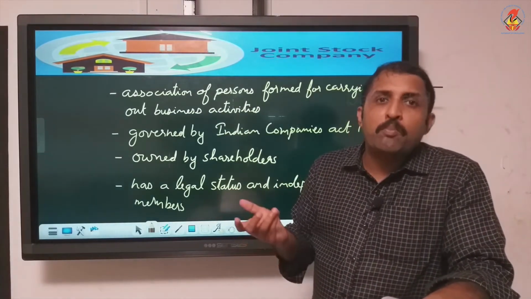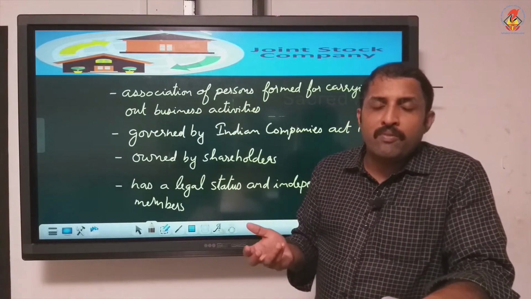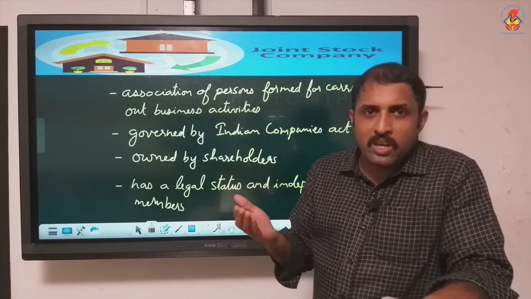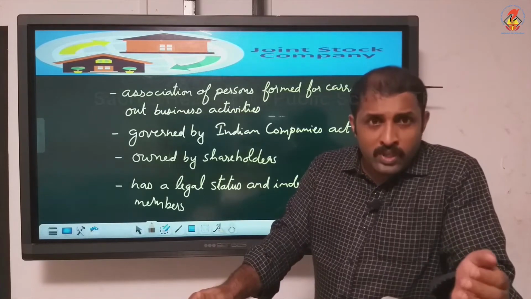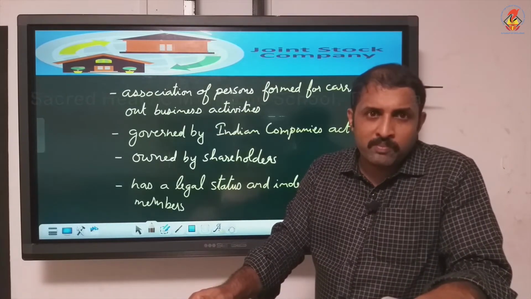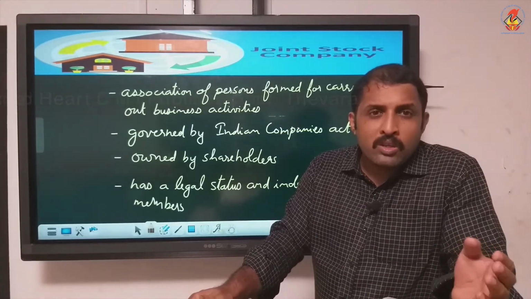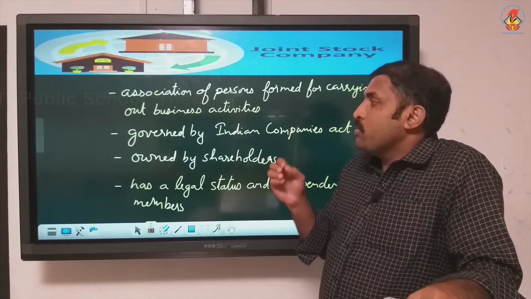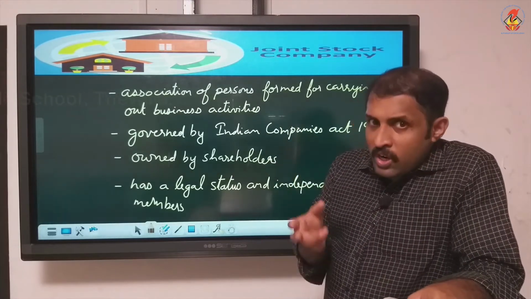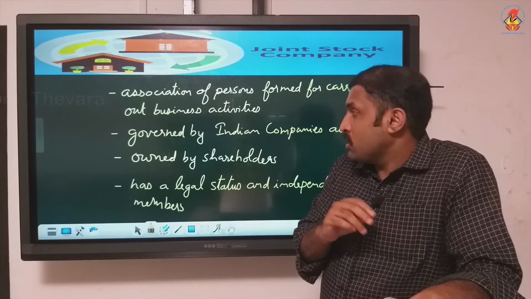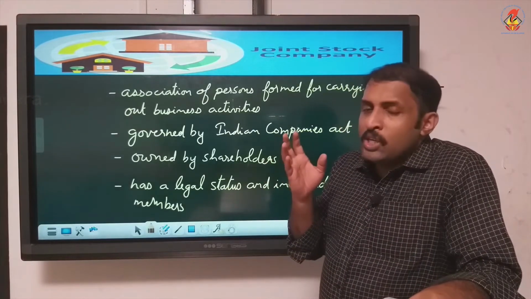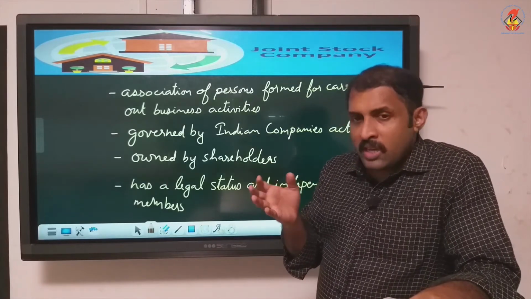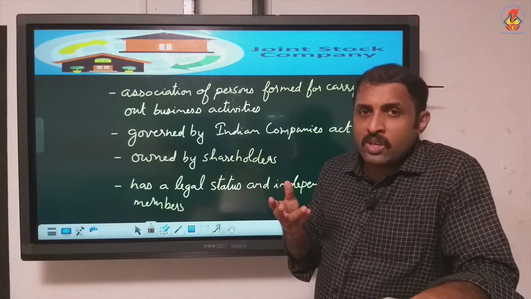It has a special position in front of law, and it is different from its members. We will go into detail when we learn about the features of joint stock company. So joint stock company is an association of persons formed for carrying out business activity. It is governed by the Indian Companies Act of 2013, owned by shareholders, and it has a legal status which is independent of its members.